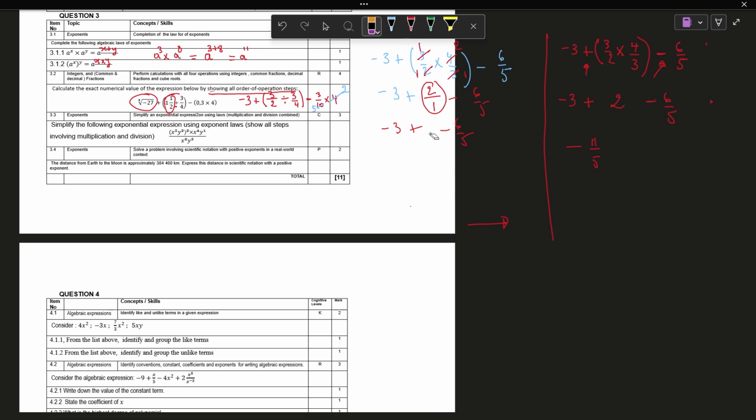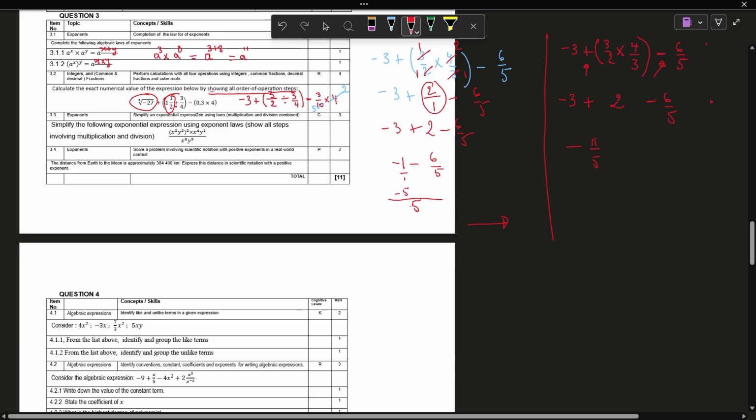So this was supposed to be 2, and this is supposed to be minus 1 over 6 over 5, and common denominator is 5. So if there's nothing here, it means we got 1 here. So 5 divided by 1 is 5 times negative 1 is minus 5.